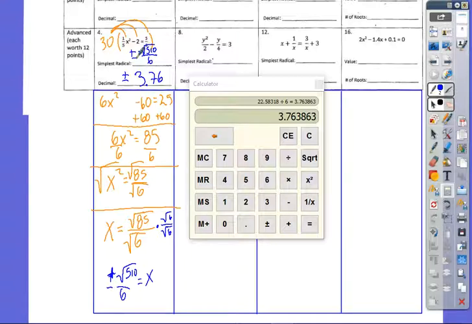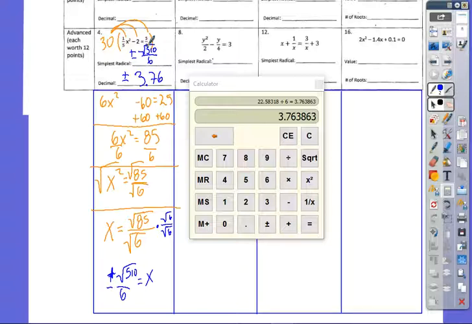Yes, Aiden? So why did we multiply by 30? So I was looking at this, and I was stammering a little bit, and I'm thinking, you know what, that 1/5 and that 5/6, listen, I like fractions more than most, but I'm going to have a hard time solving something looking like that.